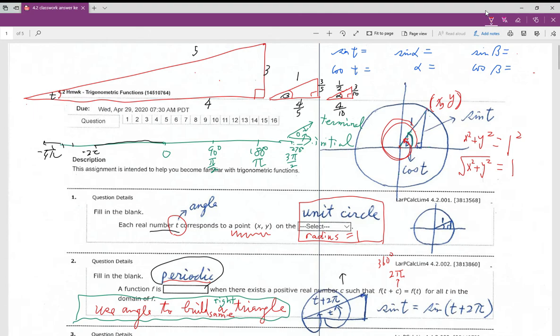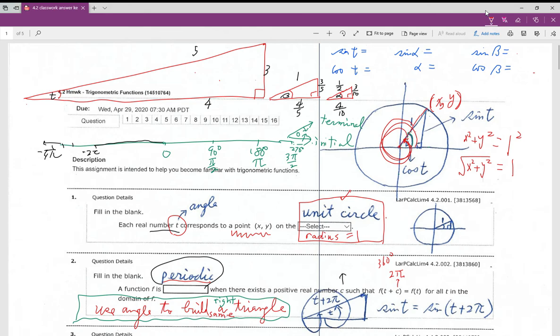So for sure, in trigonometry, we are talking about the unit circle here. And when we talk about the unit circle, whenever the angle plus 2 pi, you are going to go back to the same terminal side.